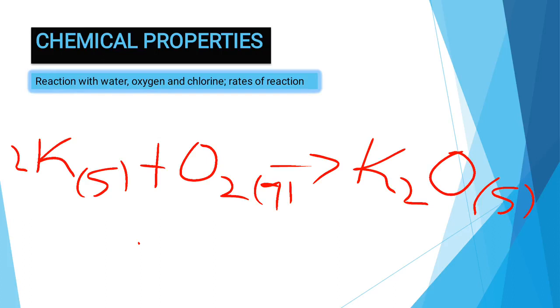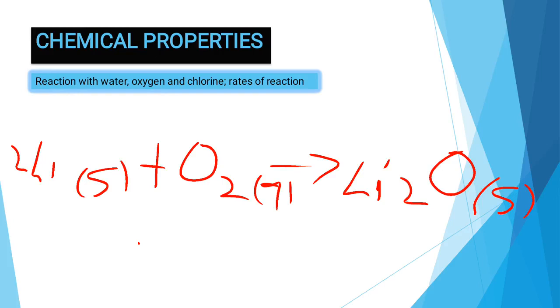It is this simple. You just need to replace the K for potassium with lithium. Just like that. And now you have lithium oxide as the product that is formed.